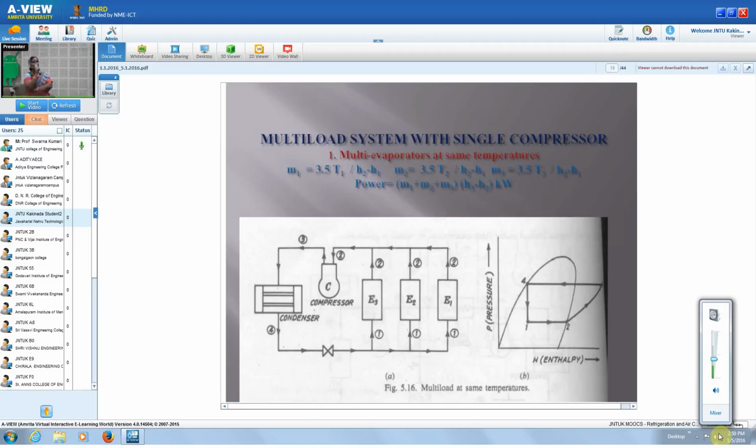If you know T1, it is 3.5 T1 by H1 minus H4, the refrigerating effect. Similarly, the mass of refrigerant going into the second evaporator is 3.5 T2 by the same, H2 minus H1. So the total power required is M1 plus M2 plus M3 into H2 minus H1, so many kilowatts.